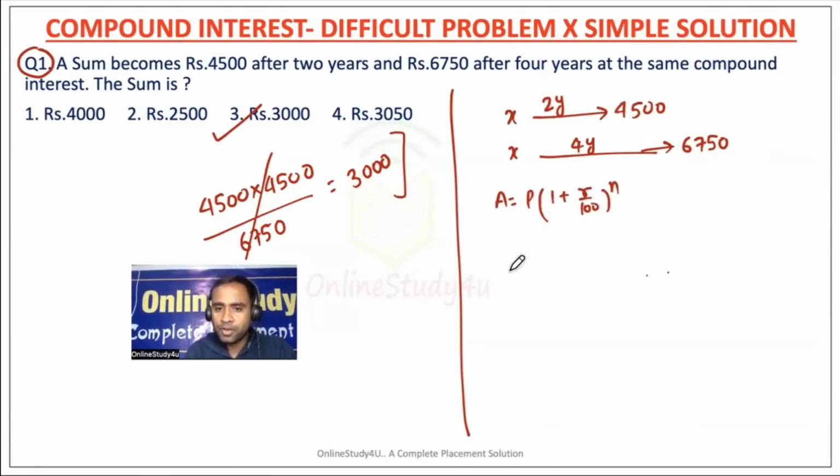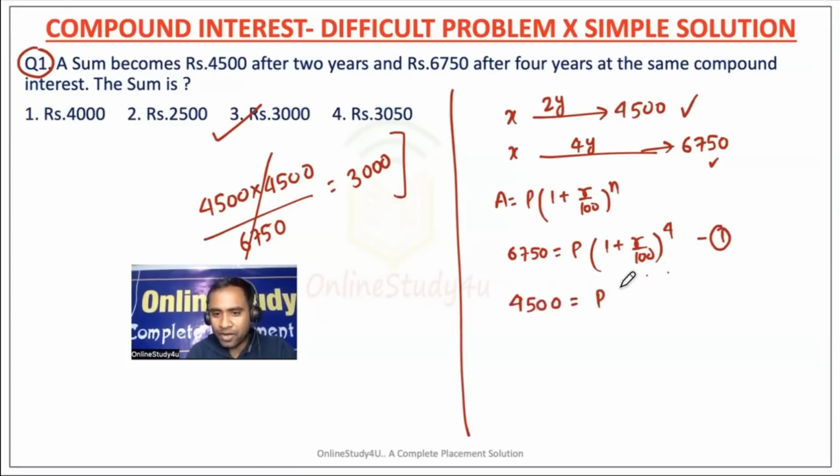Here the amount is 6750, the principal is not given, the rate is not known, and the time is 4 years. This is my equation 1. Similarly for the first one, the amount is 4500, principal into (1 plus r by 100), and time is 2. This is my equation 2.